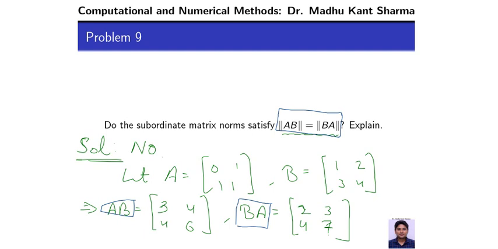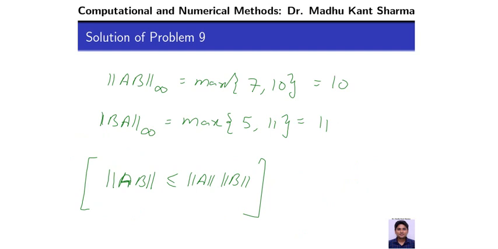The first row sum in magnitude is 7, and the second row sum in magnitude is 10, so the maximum is 10. Similarly for BA, the infinity norm is the maximum over 5 and 11, and that is going to be equal to 11. Okay, so this inequality always remains true, that norm AB is less than or equal to norm A into norm B for subordinate matrix norm, right?